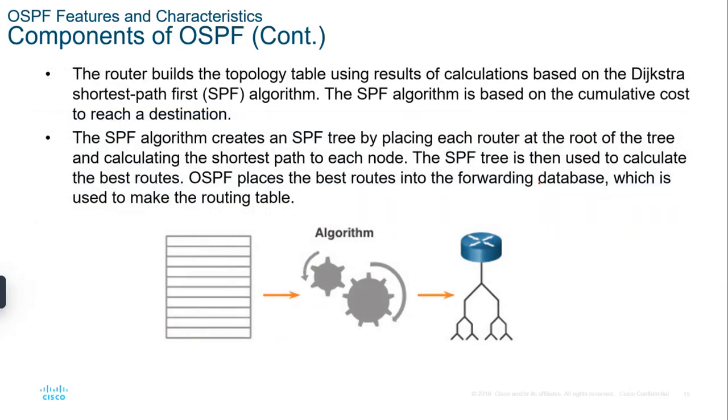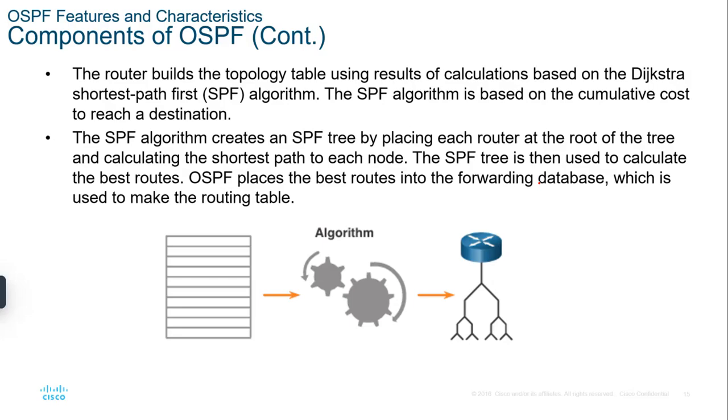So the router builds the topology table using the results of calculations based on the Dijkstra shortest path first algorithm.